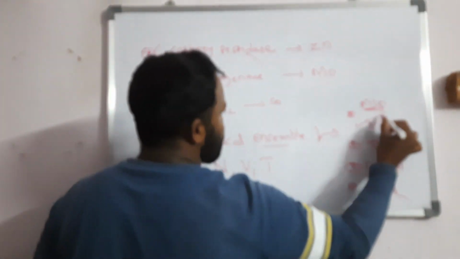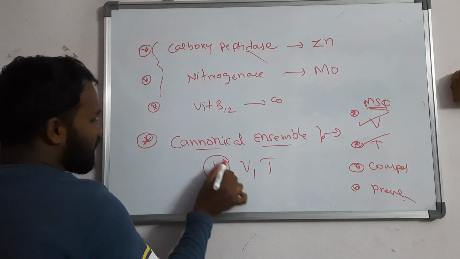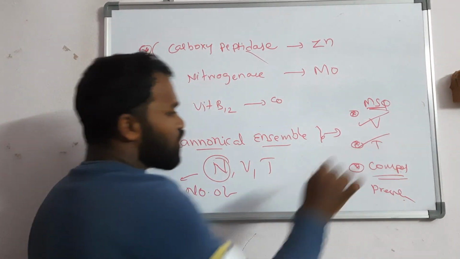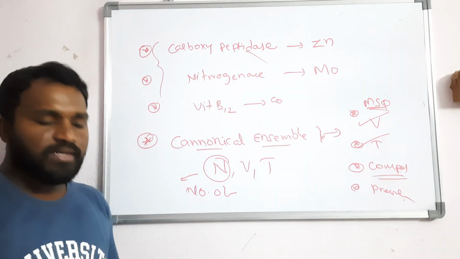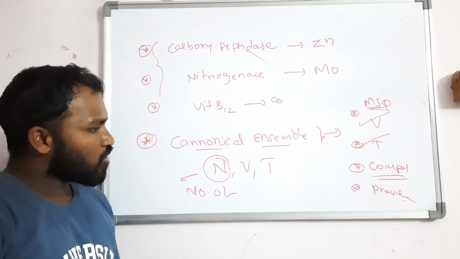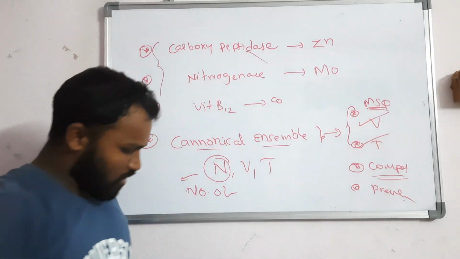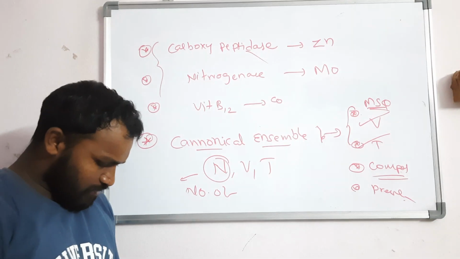So volume is there, correct, T is there. But N is number of particles, and here they gave composition, so we don't know exactly whether it is composition or particle. Whatever the answer may be, I don't know exactly, but these two are correct. Along with this, may be correct or not, I don't know exactly.